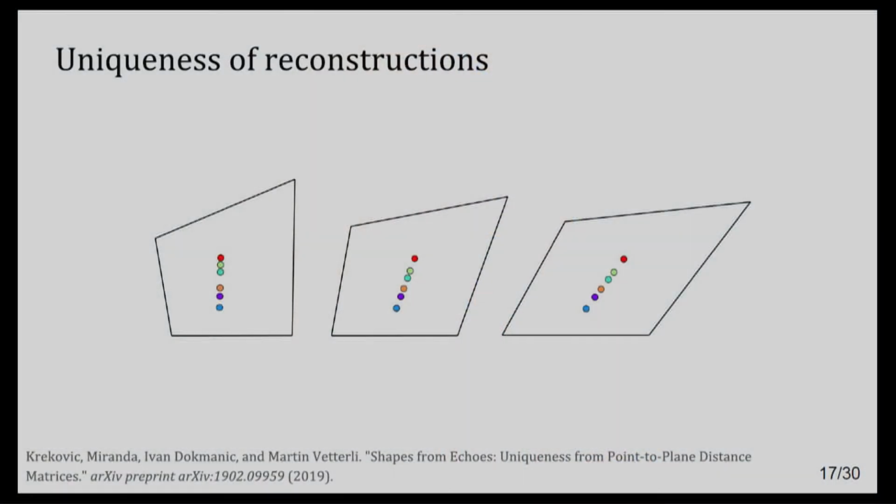There are some interesting results on the uniqueness of reconstructions. If I come back to the original question, we wanted to know if with this kind of minimal setup, we can still uniquely define the trajectory and the room shape. It turns out that it's not as easy, actually.